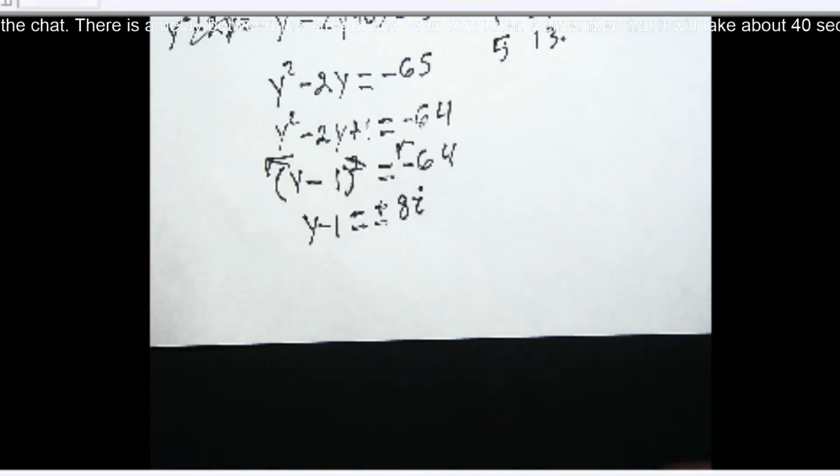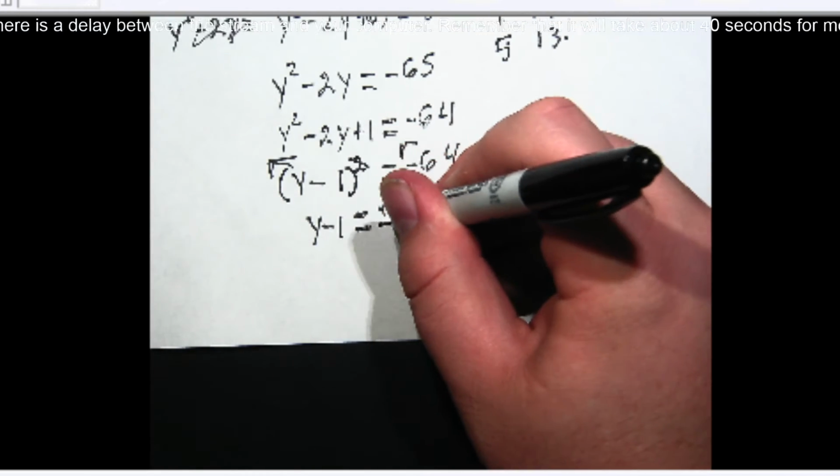We write it like that. It's called plus or minus. And I got to stress that from this point on, when you take a root, it is positive or negative the answer.